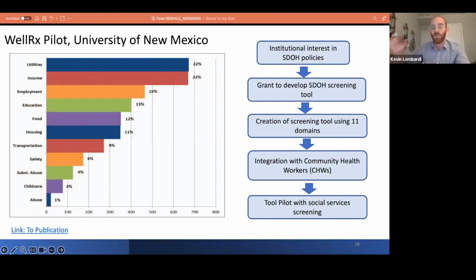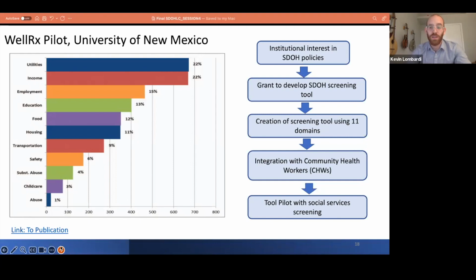Essentially, if you look to the left, we can see the results of their screener. They took 3,000 to 4,000 patients and screened them initially using the screener. This was part of the pilot. What they found was the following. In this particular community, it seems that utilities and income are the primary SDOH concerns in the patient population. But as we can see, there's a variety of them.